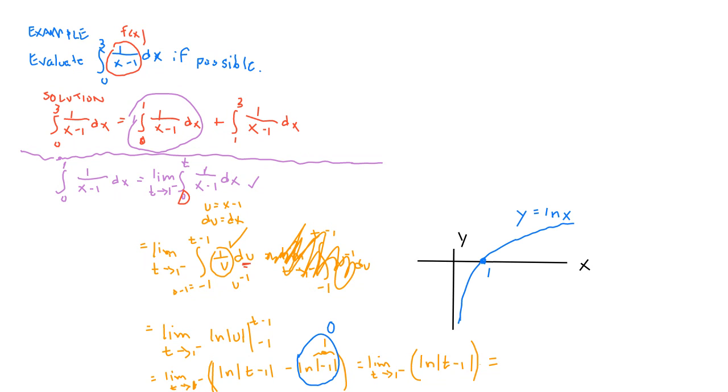It passes through x equals 1. So what does t minus 1 approach as t approaches 1, and we've got to be a little bit careful here, from the left? What's t minus 1 go to?